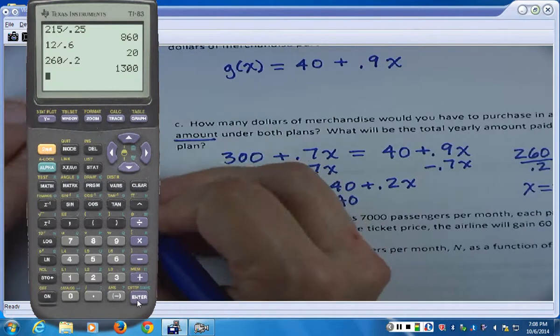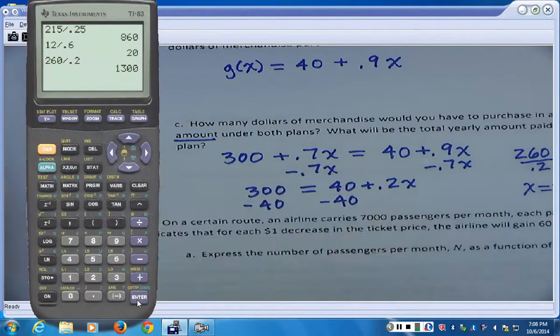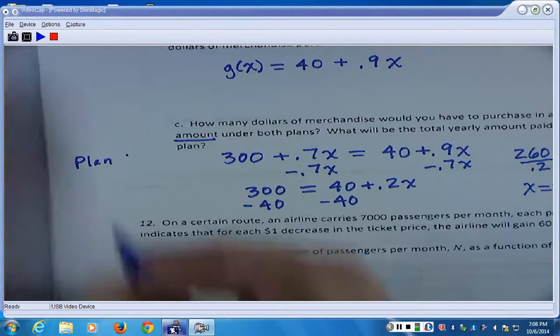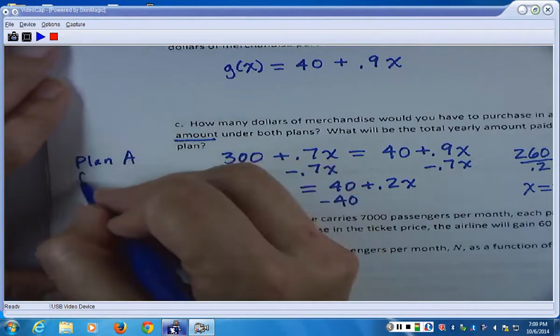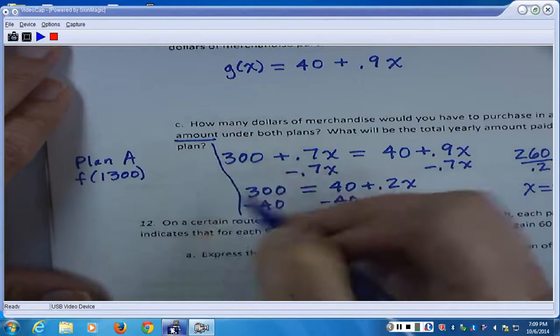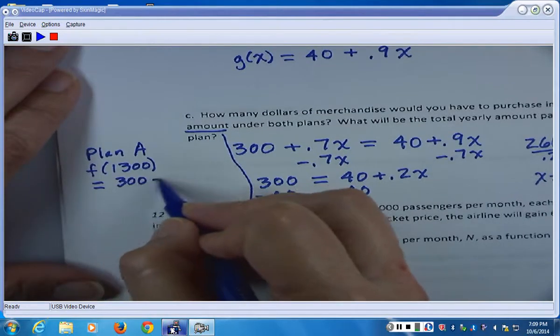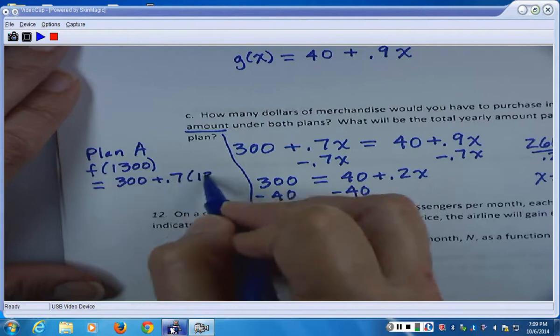So for Plan A, your calculator's in the way. Oh, let's get that calculator out of the way. For Plan A, we're going to do F of 1,300 equals 300 plus 0.7 times 1,300.